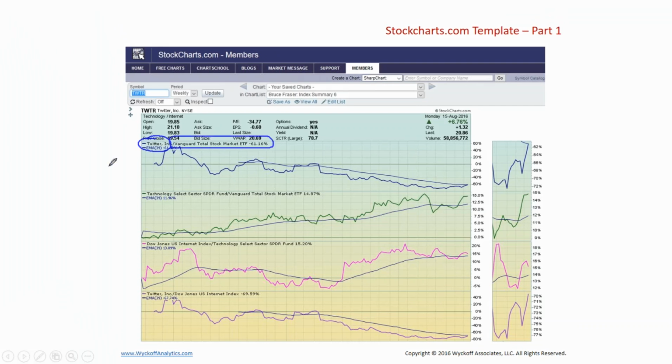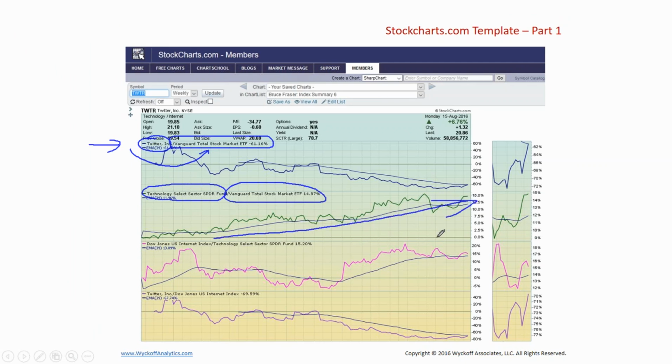So we are looking at the stock outperformance, underperformance relative to the whole market. We're looking at the industry group that the stock belongs to and comparing that to the overall stock market, and we are seeing that the industry group is outperforming. There is a general trend up, and then the stock is underperforming relative to the whole market.